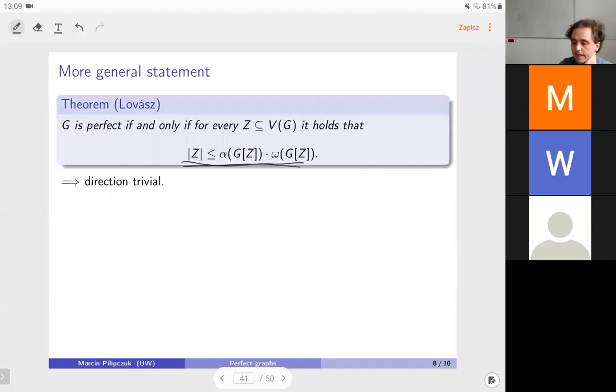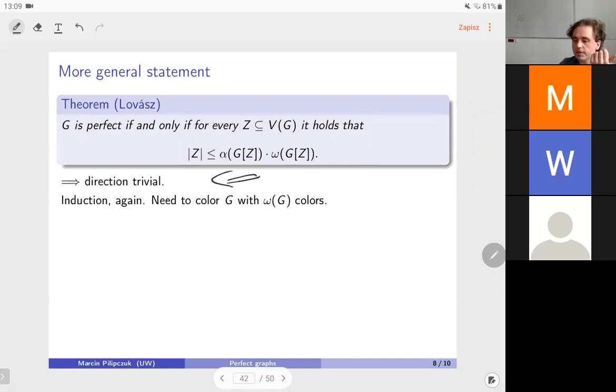And maybe this angle will be a bit more intuitive for you. So let's do the other direction. This direction means that we have got this inequality, and we want to prove that the graph is perfect. We again can do induction over the number of vertices, which means that for all smaller graphs this is true. But what do you have got?